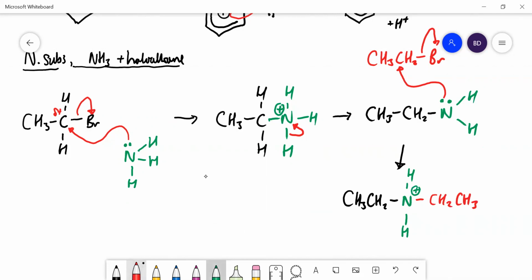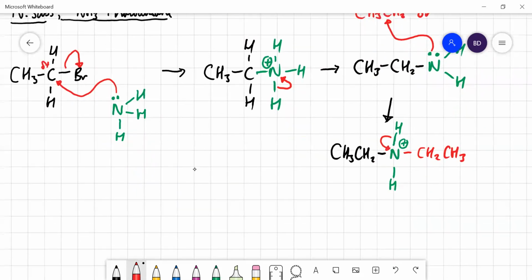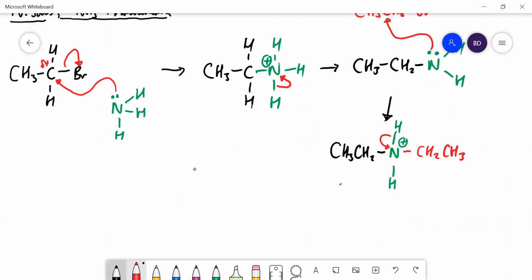So just draw that. So the pair of electrons is going to go back into the nitrogen, and we've got a secondary amine.